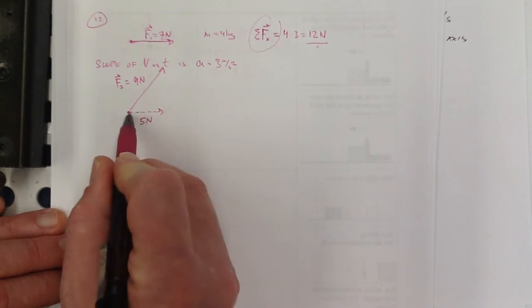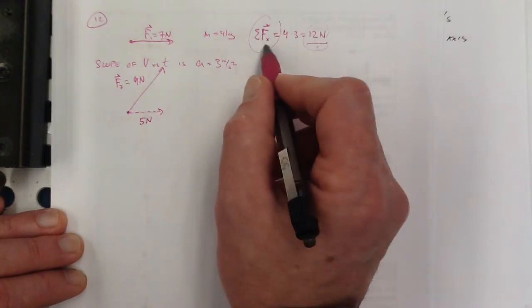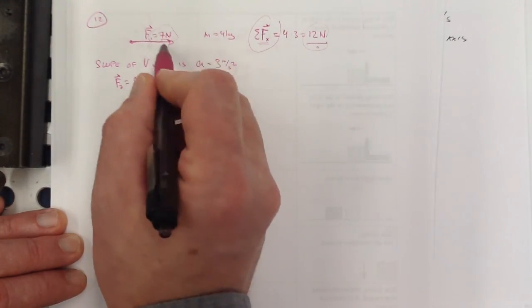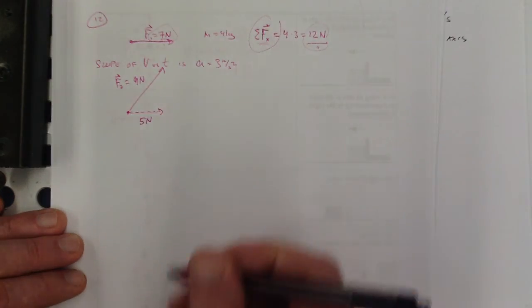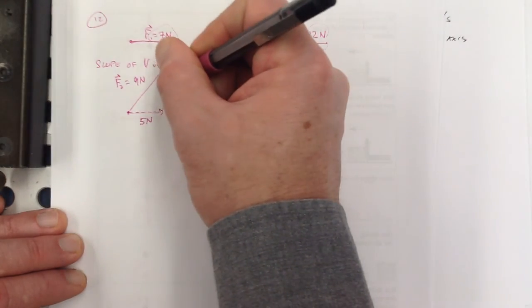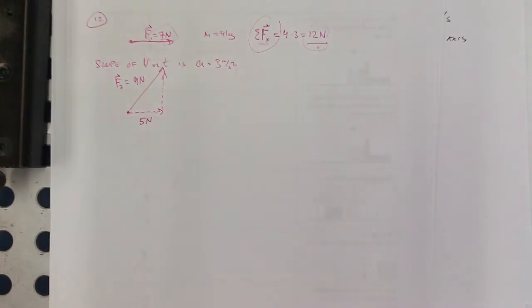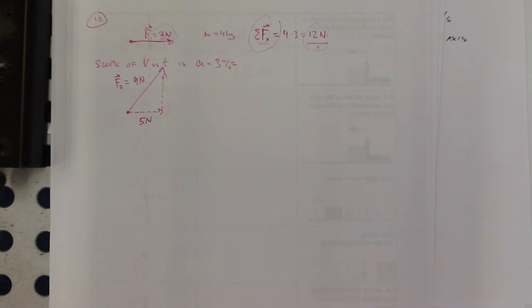So exactly 5 newtons must be contributing to this. We got 7 from this one, there must be 5 coming from this. So I think now they want to know what the angle is. What's the angle between the forces?